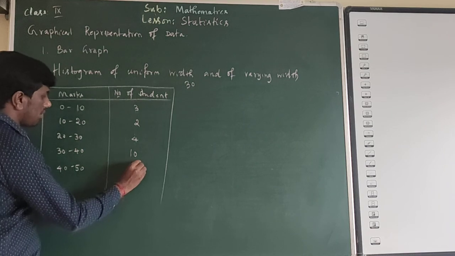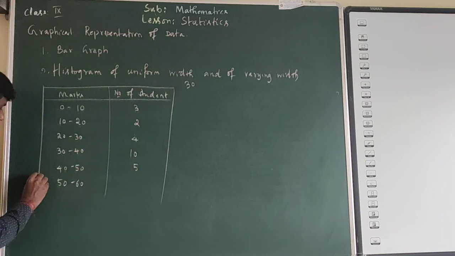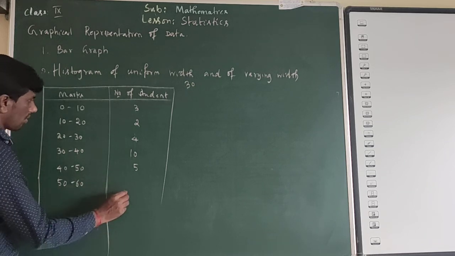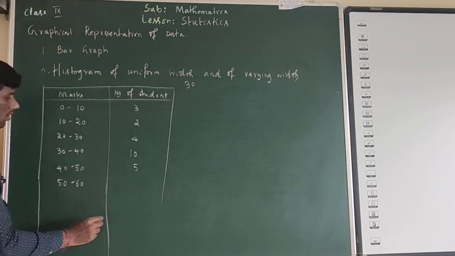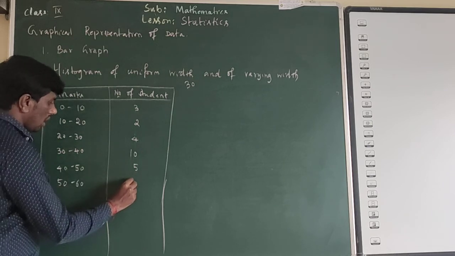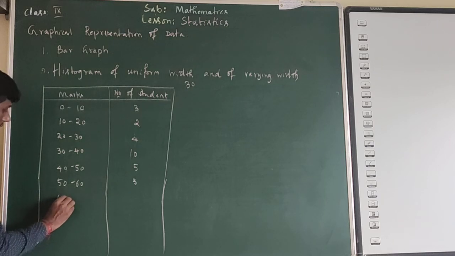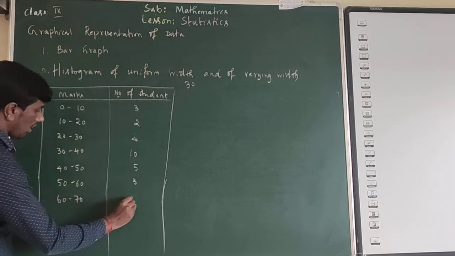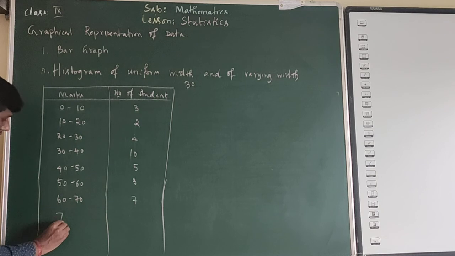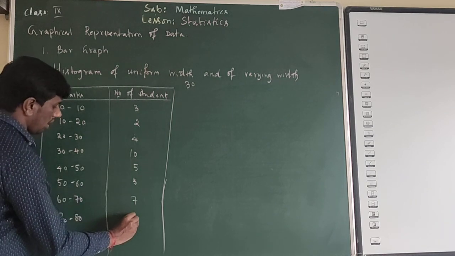I'll take 5 students. Then 50 to 60, I'll take 3 students. 60 to 70, I'll take 7 students, 70 to 80, again 5 students.